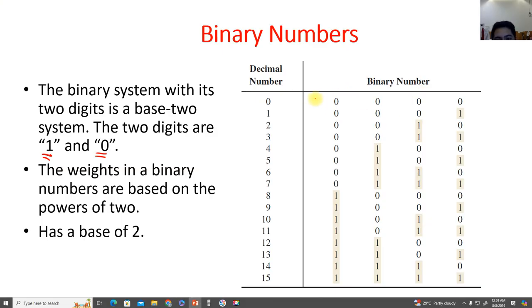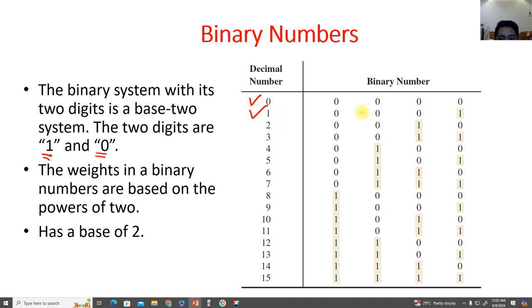Like what I've said, we can always express decimal numbers in binary by virtue of their position. So for 0 we have 0 0 0 0 as our binary number.